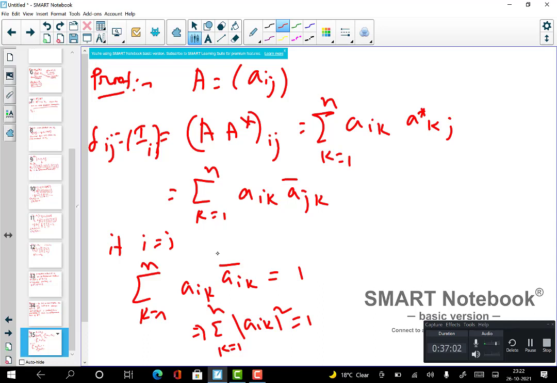That means the rows form an orthogonal basis of F^n. This is an important observation: for a general non-singular matrix, the rows or columns give only an ordinary basis, not an orthogonal basis, but for a unitary matrix they give an orthogonal basis.